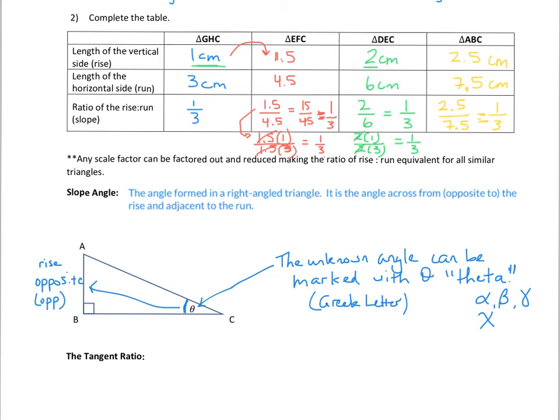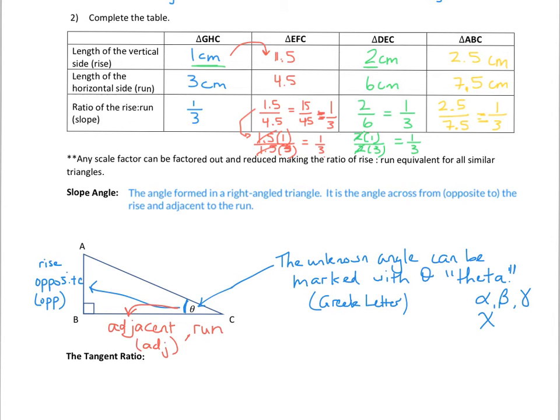And then the side next to it is called the adjacent side. And of course we called it the run as well. And again, ADJ is a short form for adjacent. It's also the run when it's looking like a horizontal line.